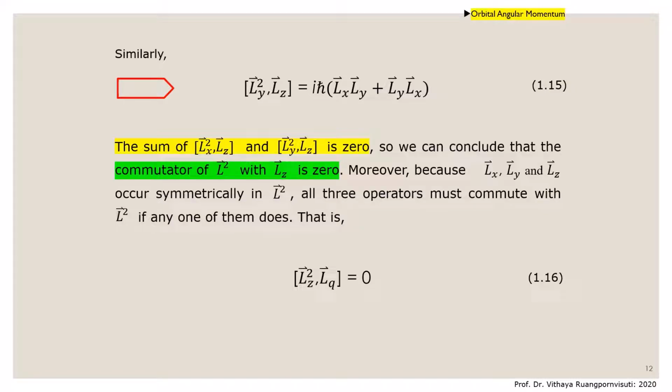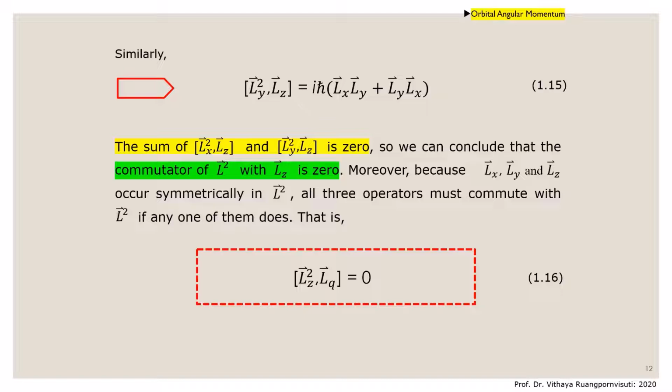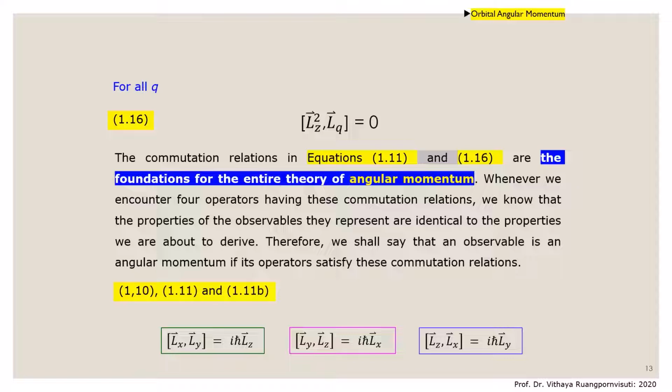That is, L squared commutes with L_q, or with the angular momentum components, equal to 0, as shown in equation 1.16, for all q.